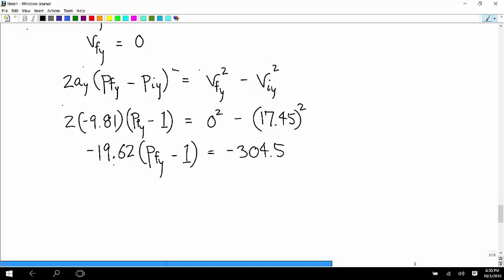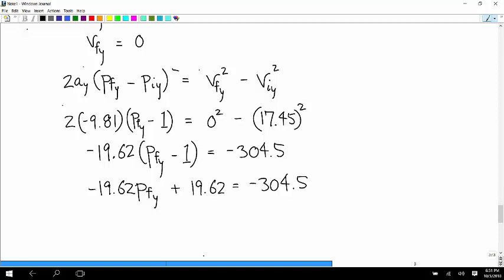And we have to multiply that negative 19.62 times both of the things in parentheses. So that's negative 19.62 PFY plus 19.62 is equal to negative 304.5.